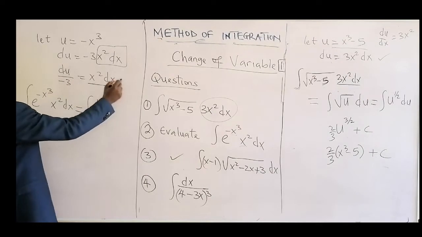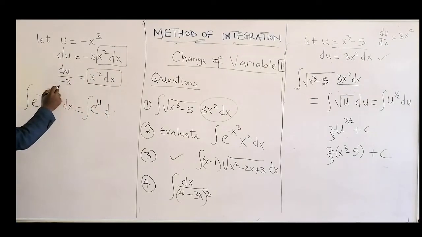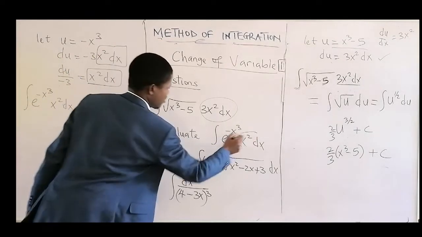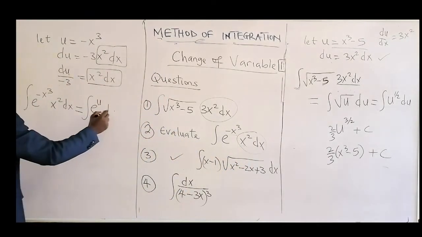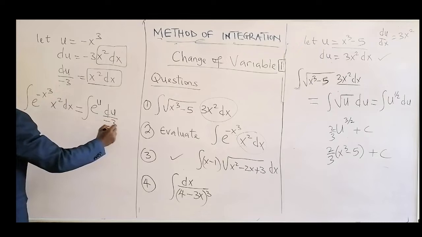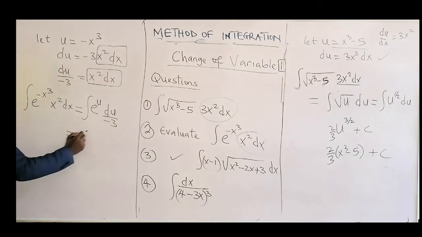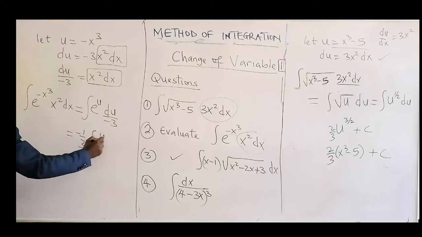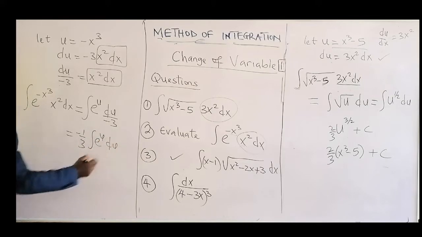Whenever you see this one, you place this one there, which is du over minus 3. And that will be equal to minus 1 over 3 integral of e to the u du.